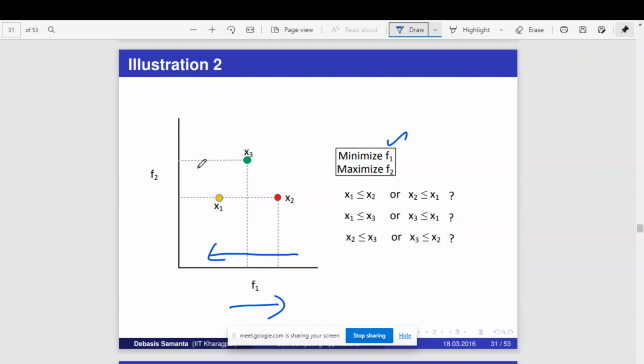Okay. So with this knowledge, can you say that x3 is dominating x2? See, it is very straightforward. Our objective is to move towards left and also move towards top. So compare x2 and x3. Is x3 towards the left of x2?